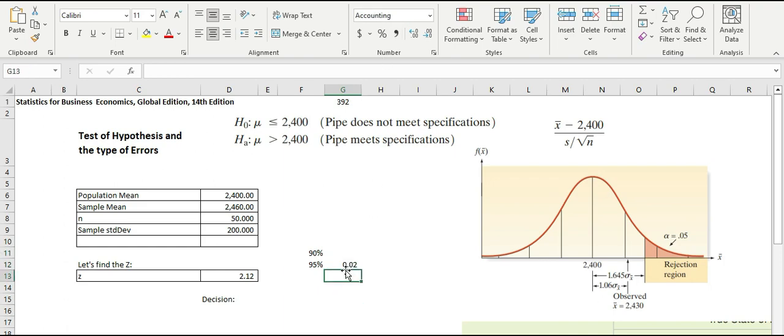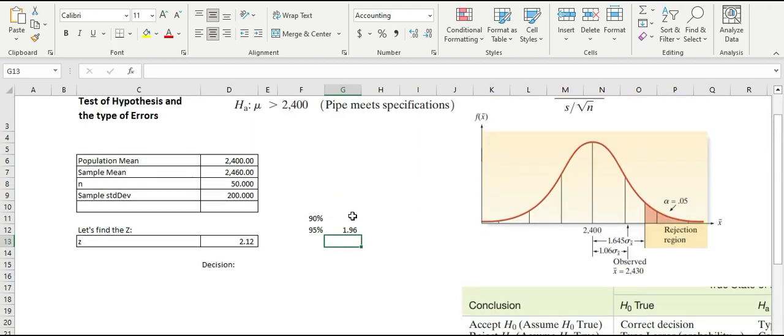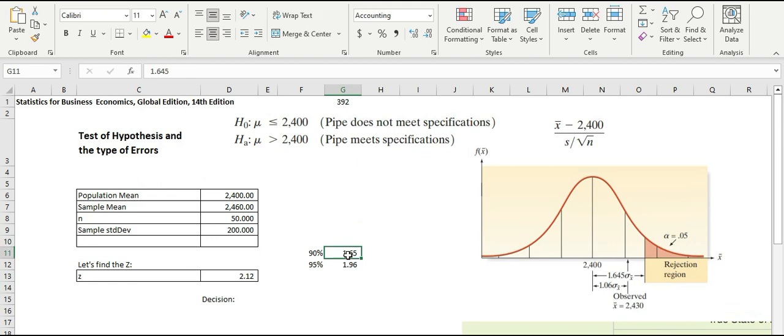The null hypothesis says that the mean is equal to 2,400. Based on this assumption, since the answer is 2.12, which is more than the critical values of 1.96 and 1.645, we will reject the null hypothesis and say that the pipe meets specification.